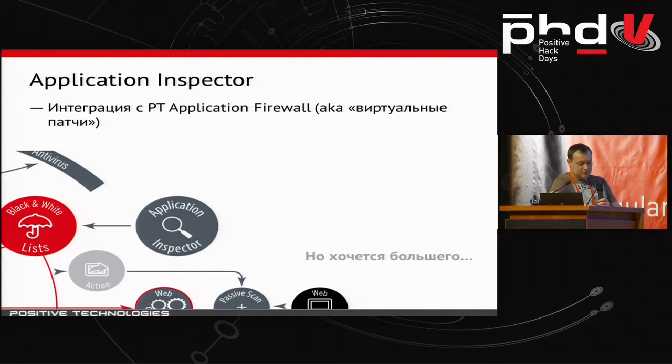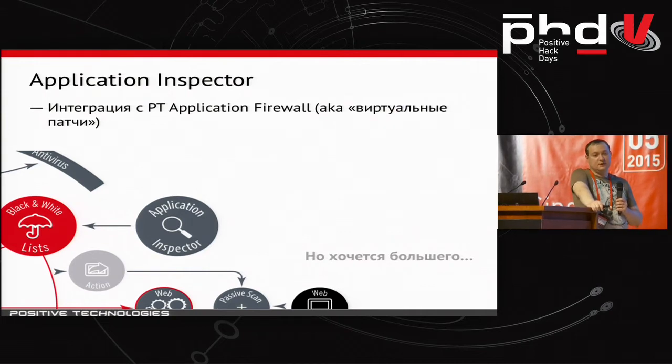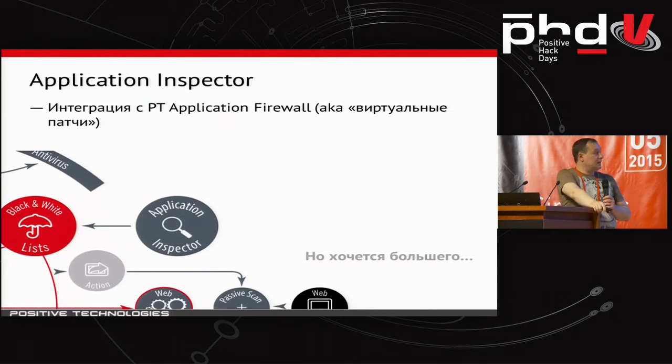On the first stage of development, we learned to integrate with our PT Application Firewall. We integrated in the following way. We found the vulnerability, we built the exploit, with a number of parameters. Speaking about the web application where you exploit the vulnerability, nothing stops us from building information for PT Application Firewall so that it would recognize this entry point.